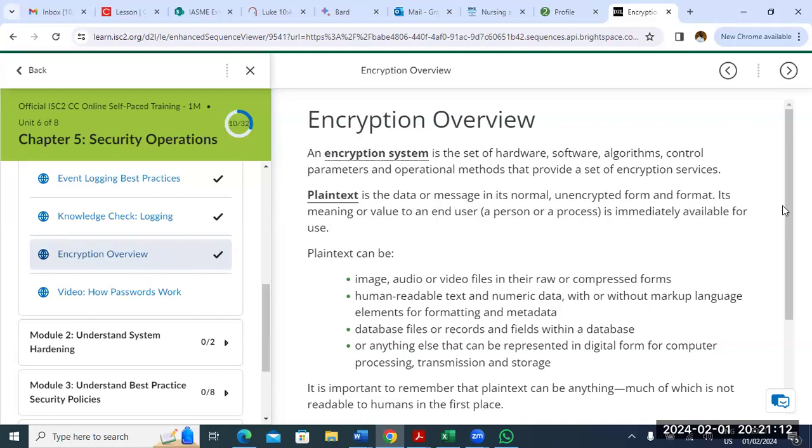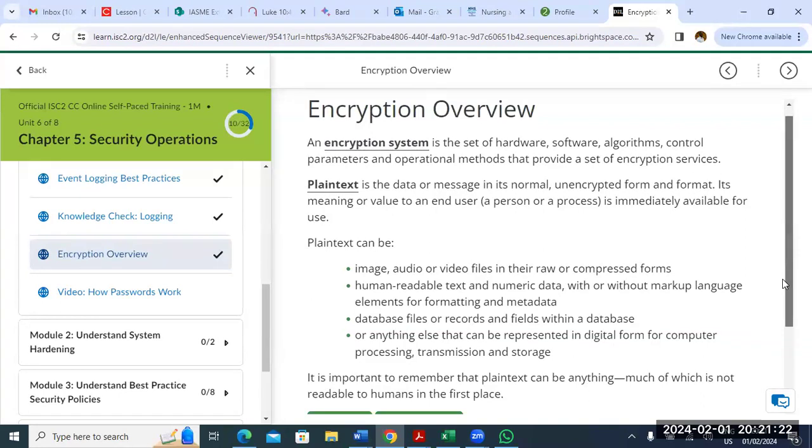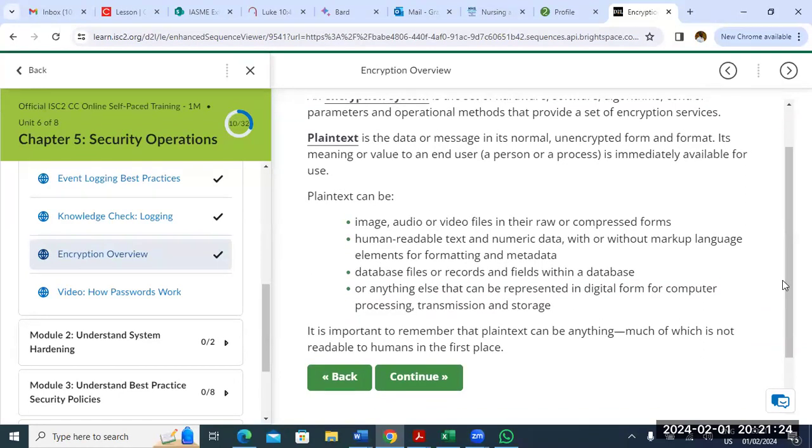When something is in plain text, you can quickly make use of it, just like an image, audio, video, human-readable text, or database file. It is something that you can easily read, or anything else that can be represented in digital form for computer processing and transmission.